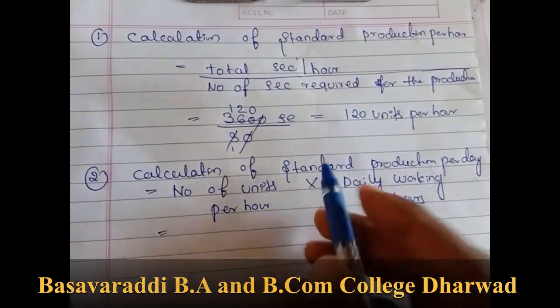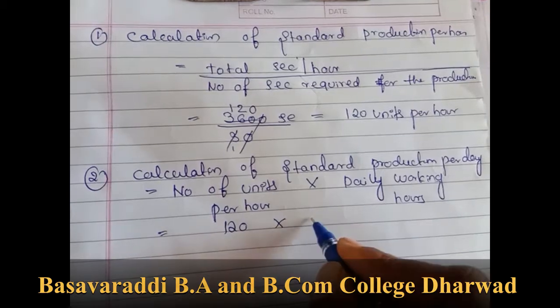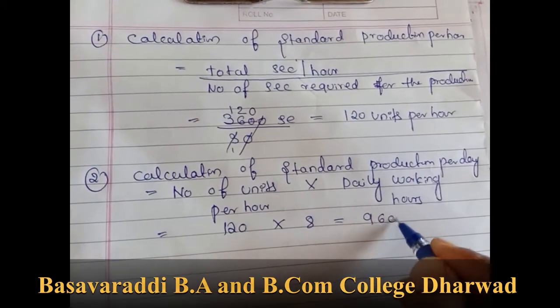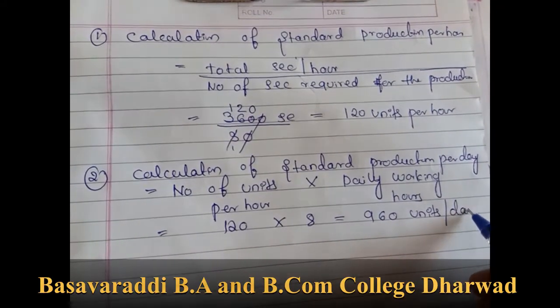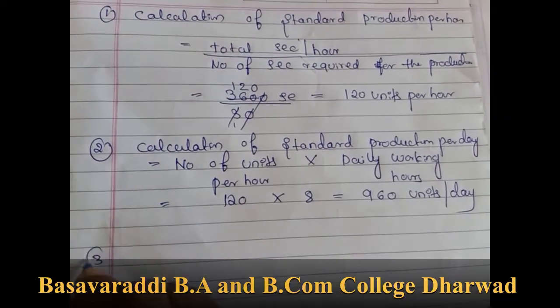Number of units per hour already calculated, 120, into daily working hours is 8. 120 into 8, 960 units per day.